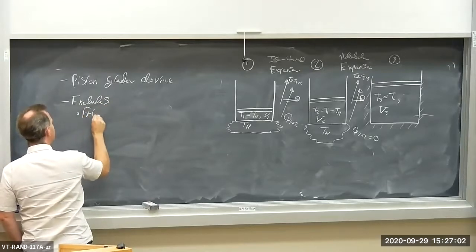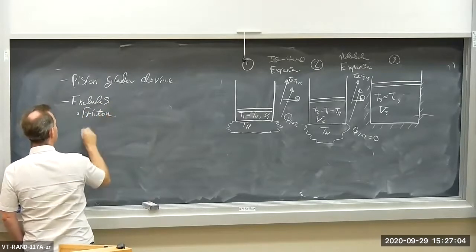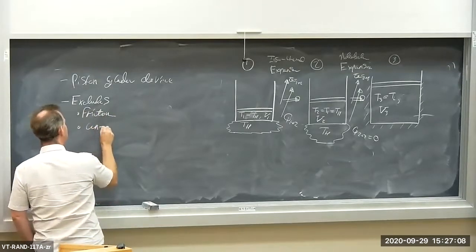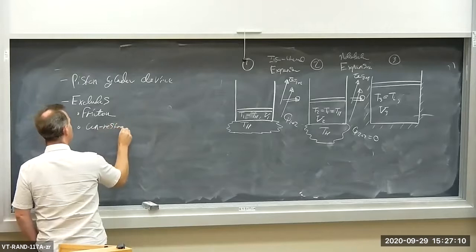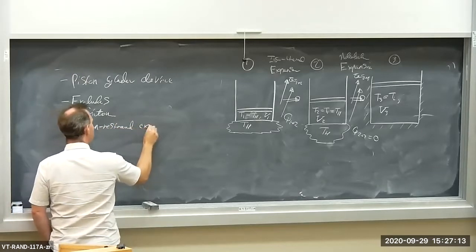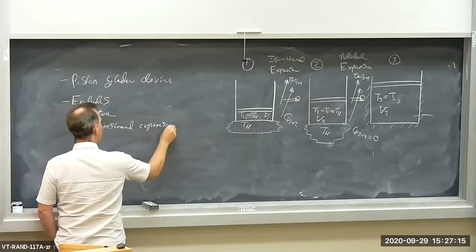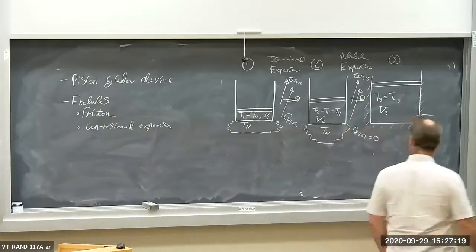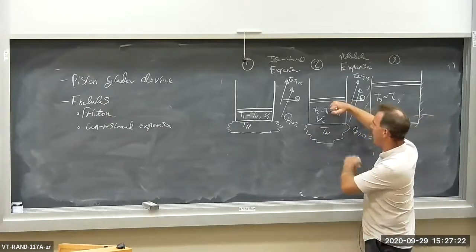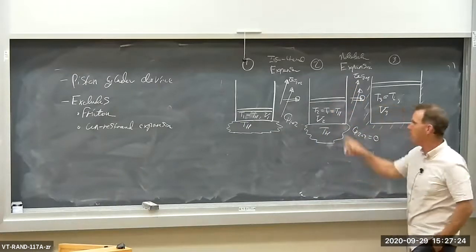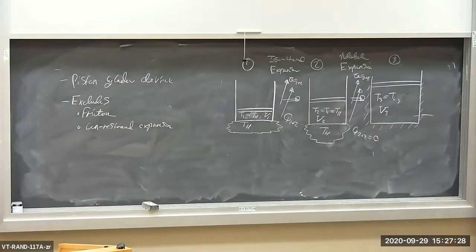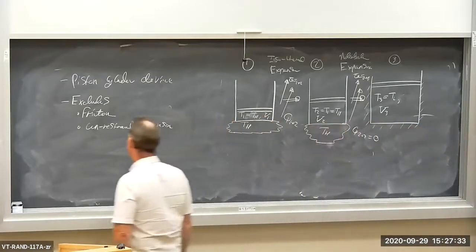Friction, unrestrained expansion. That means we're not jerking the piston up and down. If we jerk the piston up too fast, we'll form a partial vacuum up here, and that'll cause unrestrained expansion. Okay? So no unrestrained expansion.